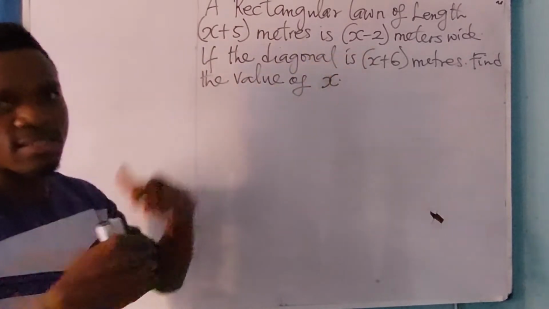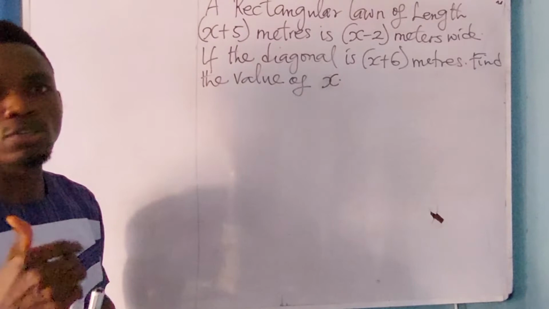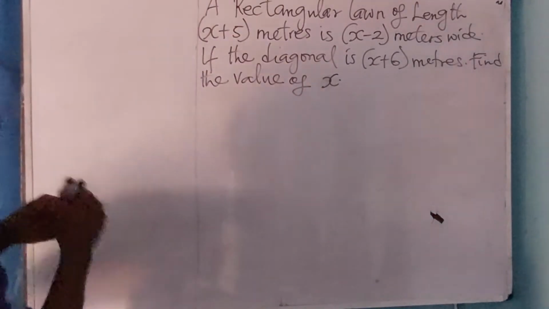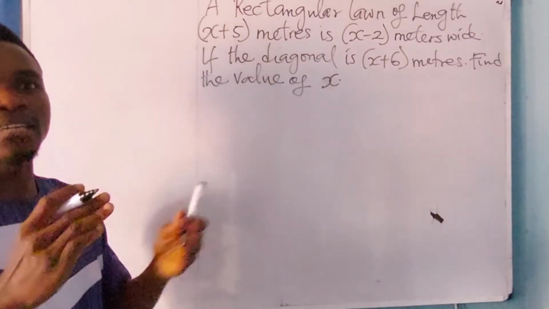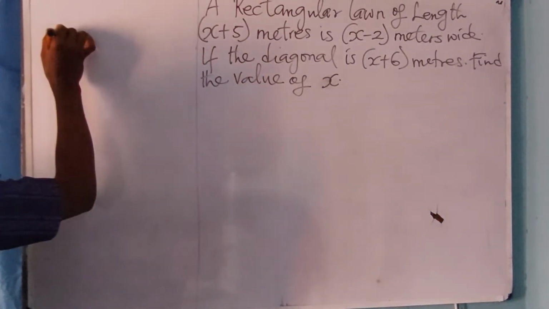The wideness is the breadth, and this is the length. If we are to illustrate this diagrammatically, we use a rectangle. A diagonal is that line that divides the rectangle into two parts.